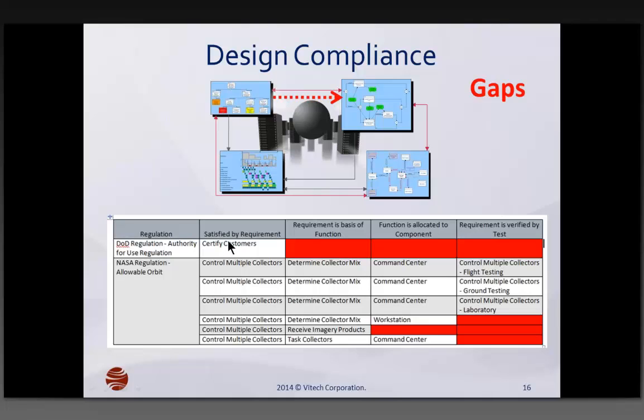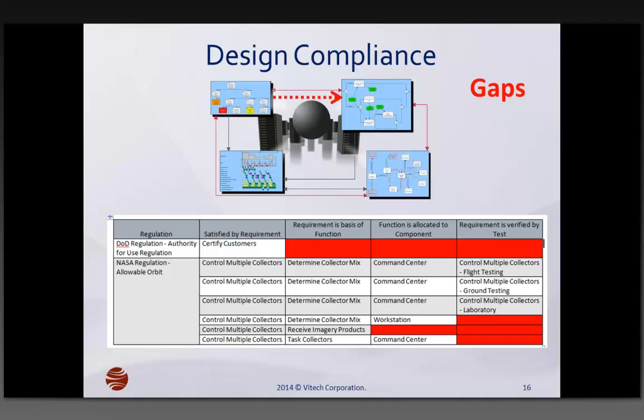So here we have requirements that satisfy the regulation. But these requirements are actually the basis of behavior in the system, functional state behavior in the system, which is then allocated to various sets of components.